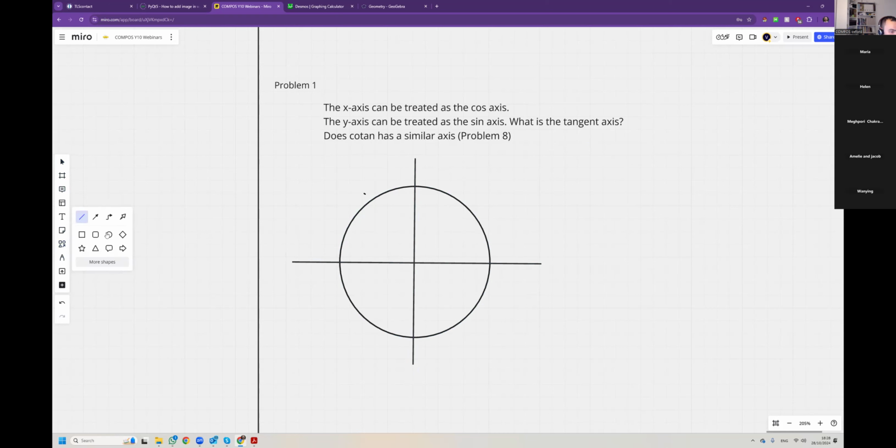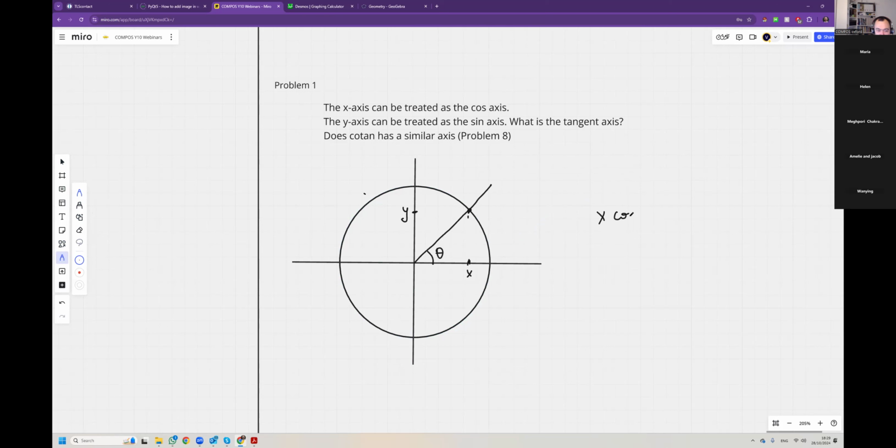Okay. This point is x, and this is y. Now, this angle is theta, and remember that when you draw the side, x is cos theta, and y is sine theta.